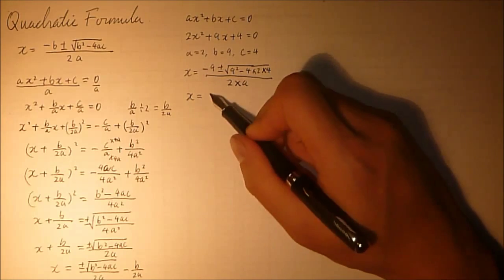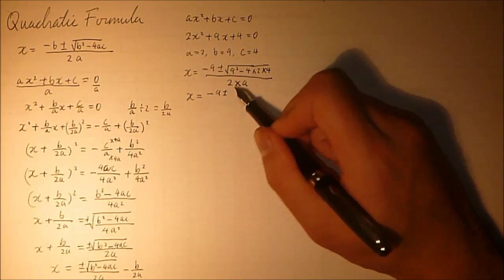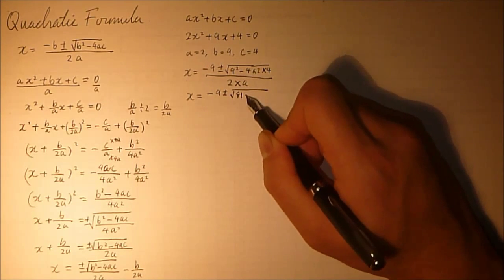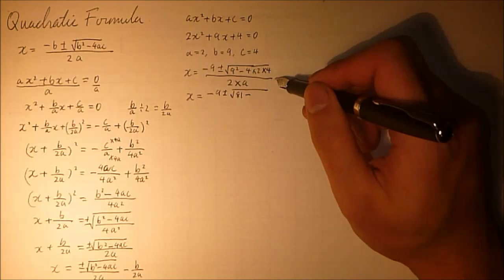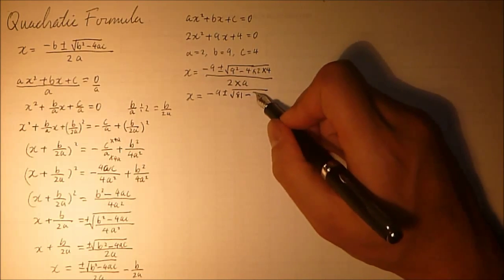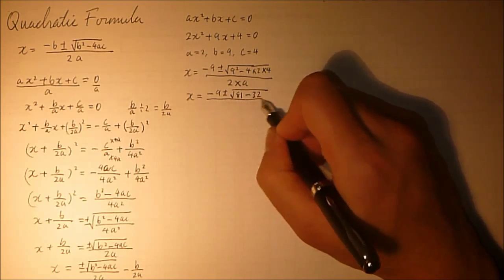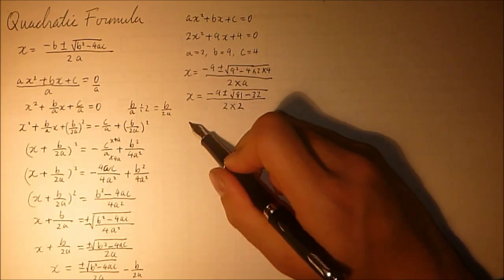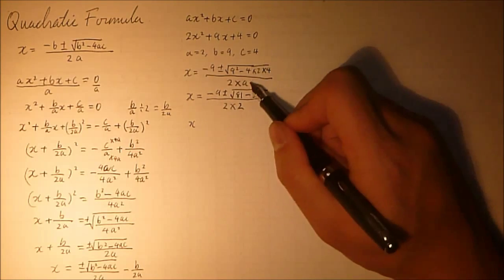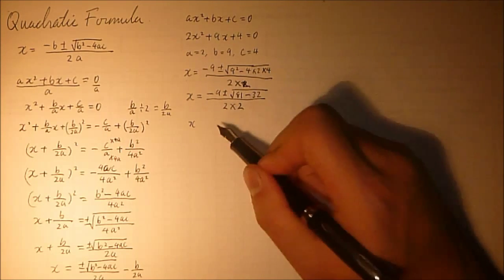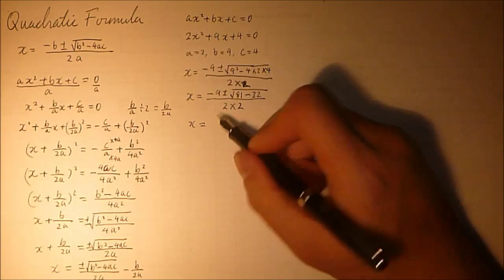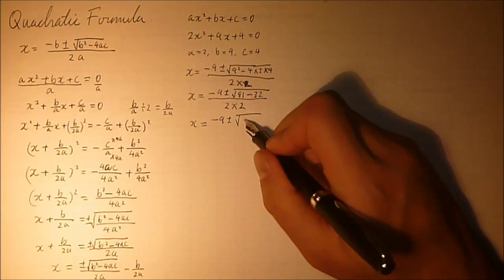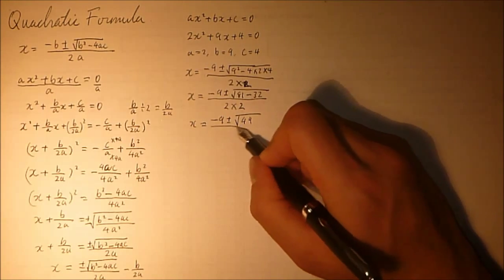And x equals minus 9 plus or minus the square root of 9 squared, which is 81, minus 4 times 2 times 4, which is 32, over 2 times 2. Sorry, it should be 2 here. So x equals minus 9 plus or minus the square root of 81 minus 32, which is 49, over 4.